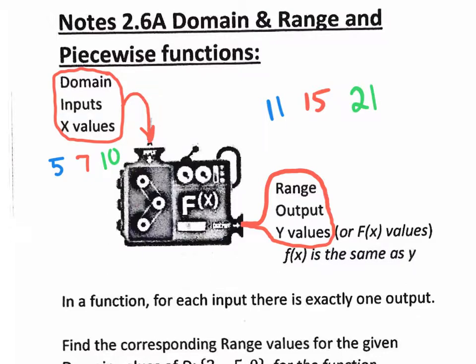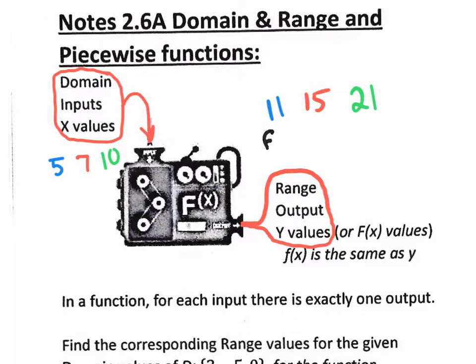Now, what is happening inside this machine? Well, the 5 gets doubled and then you add 1 to it. That's 11. The 7 gets doubled and then you add 1 to it. The 10 gets doubled and then you add 1 to it. So the function that actually describes that relationship between the inputs and the outputs, or between the domain and the range, or the X values and the Y values, is this function right here.